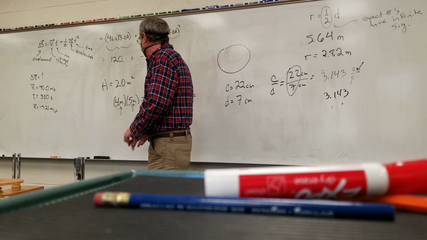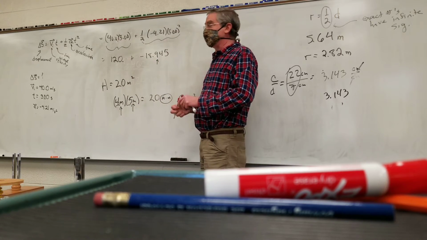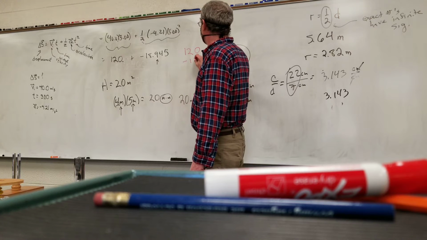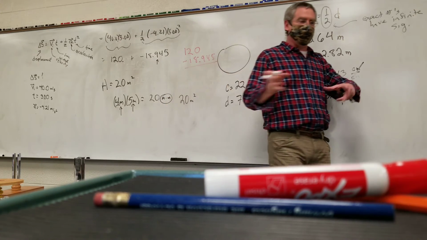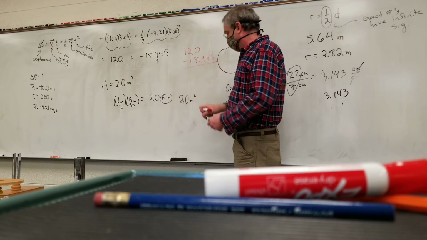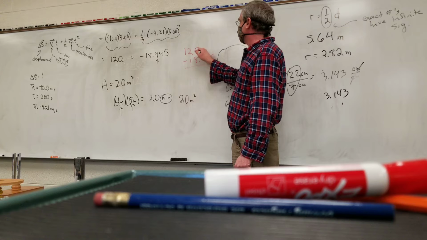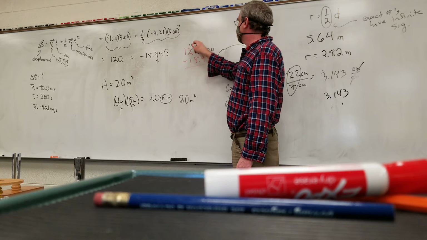Now in terms of adding, I know that 9 is basically the precision of that. So we have 120 minus 18.945. Again, as we do our math, we keep all the numbers there. It's only at the end that we care. So I'm going to go for a different color here. This is here just for the fact that I'm subtracting. 1, 9.